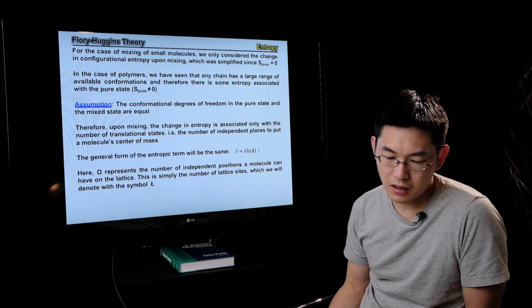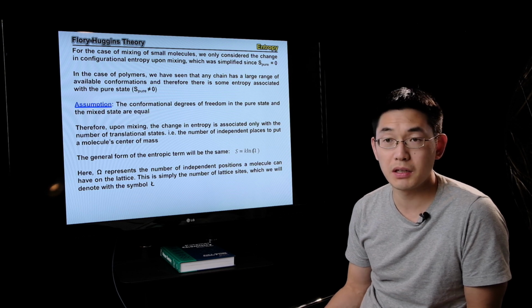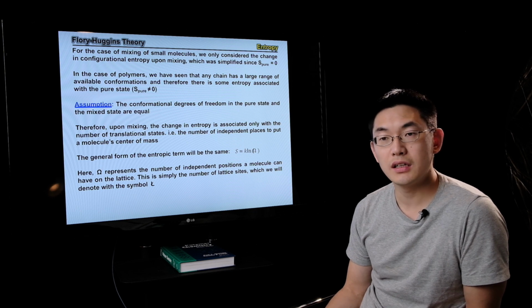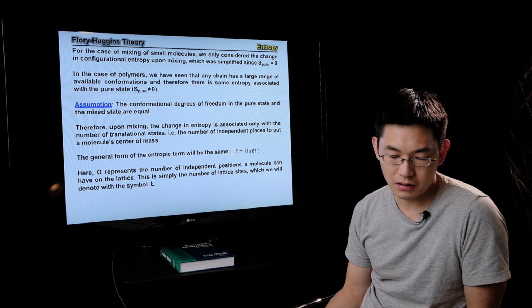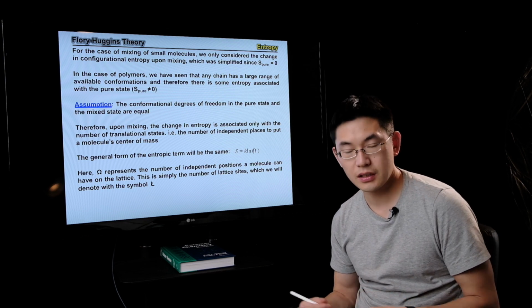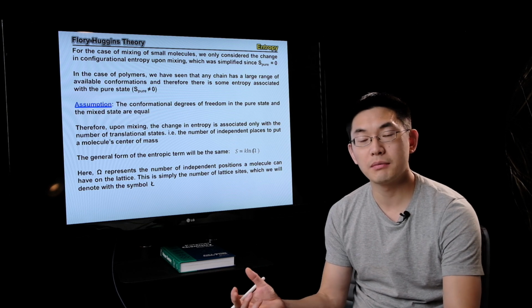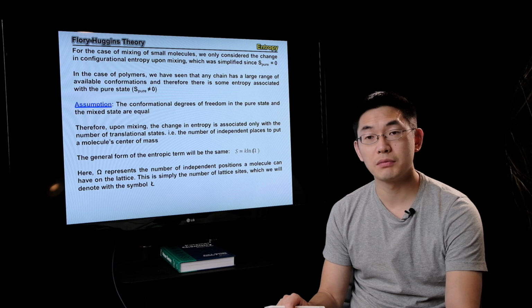There are a couple of assumptions we need to discuss, pretty similar to those in lattice theory. Almost every theory needs some assumptions to begin with. In this particular case, we need to know that your conformation, or basically how the polymer chain behaves, will not be affected before or after we add solvents.